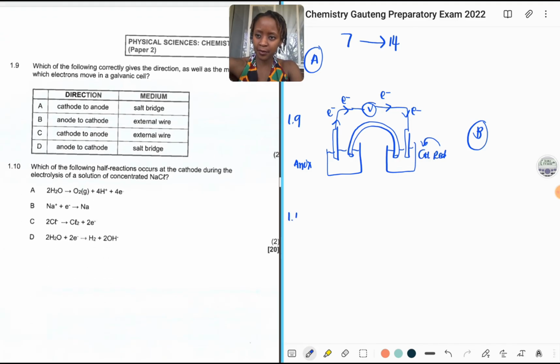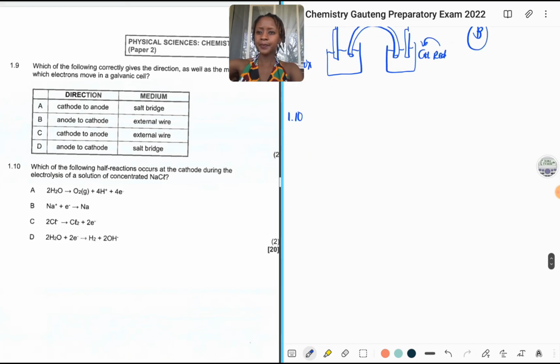And then we get to 1.10, where it says, which of the following half reactions occurs at the cathode during the electrolysis of a solution of concentrated sodium chloride?